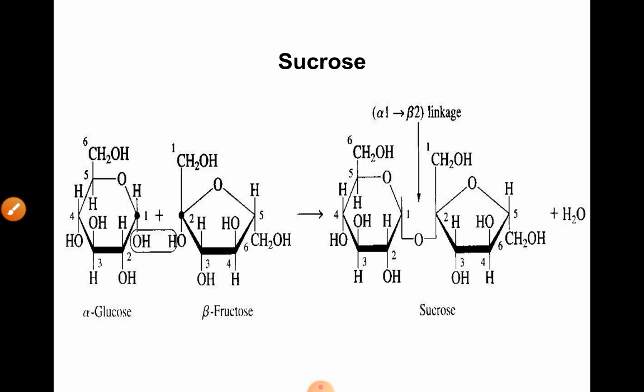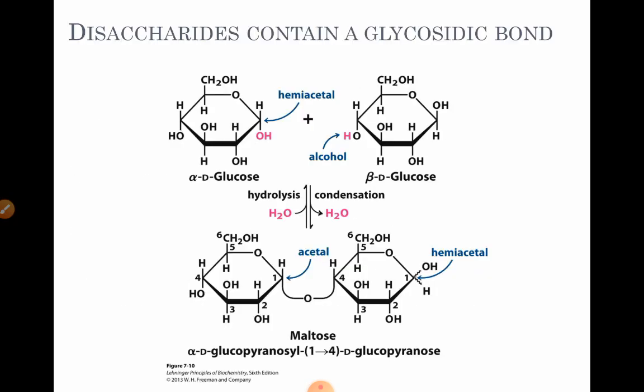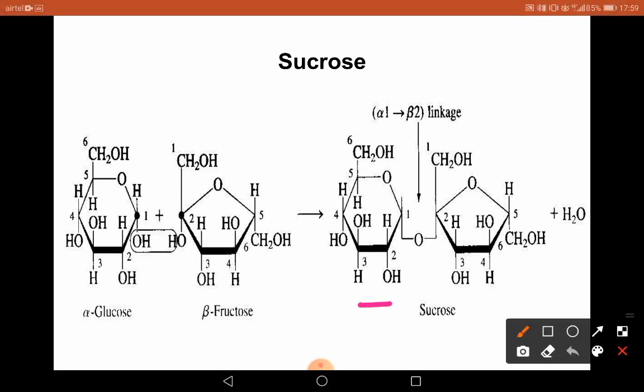And this is the structure of sucrose. In sucrose, again we have two monomers and the linkage is a 1,2 linkage. So this is one monomer and this is another monomer, and these two monomers are linked by a 1,2 linkage.